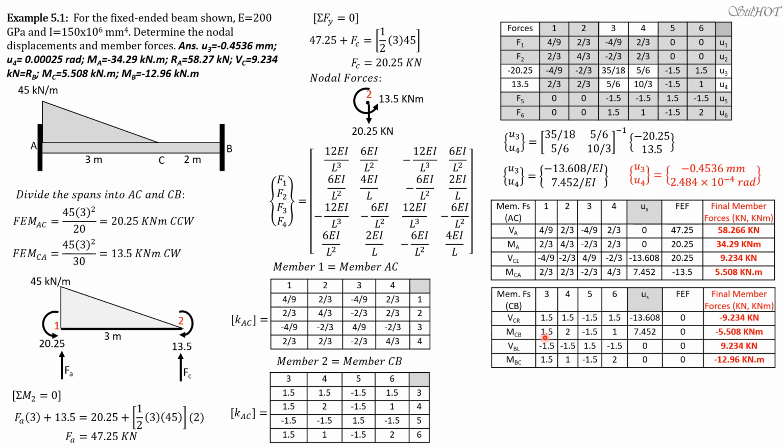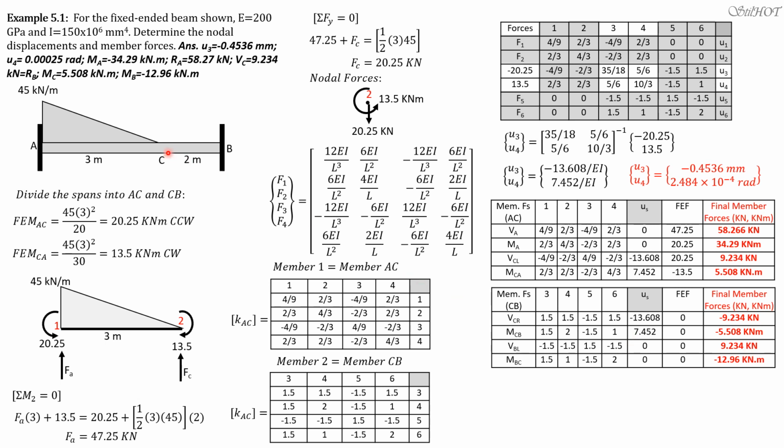Then for MCB, 1.5 times negative 13.608 plus 2 times 7.452 plus 0 equals negative 5.508 kilonewton meters. Then for shear at B left, or the reaction at B, we have negative 1.5 times negative 13.608 plus negative 1.5 times 7.452 plus 0 equals 9.234 kilonewtons.